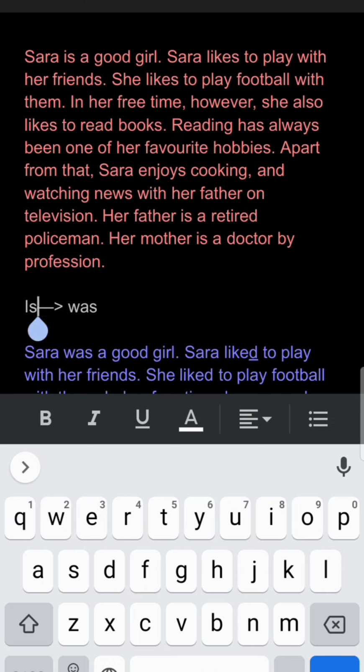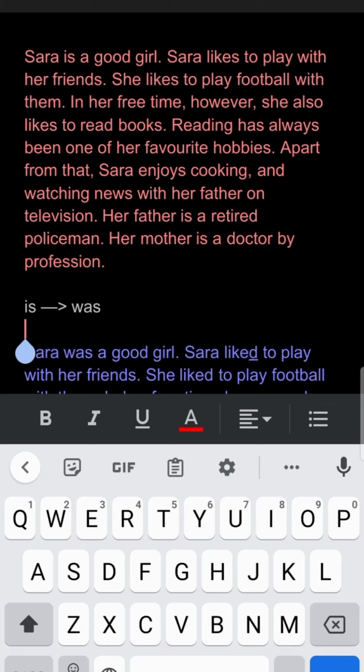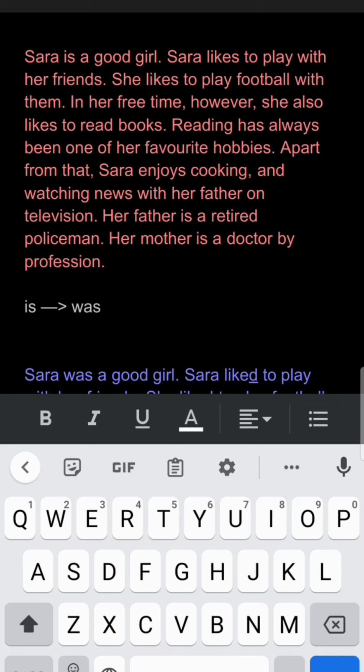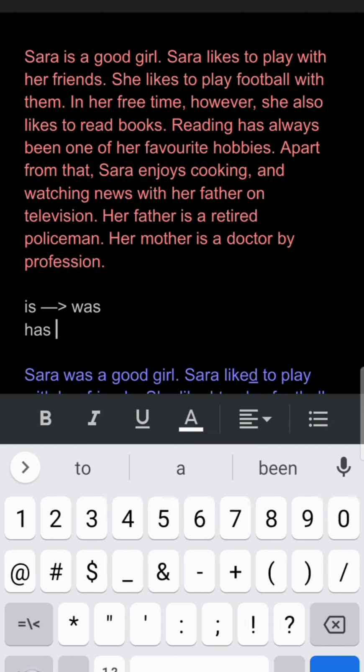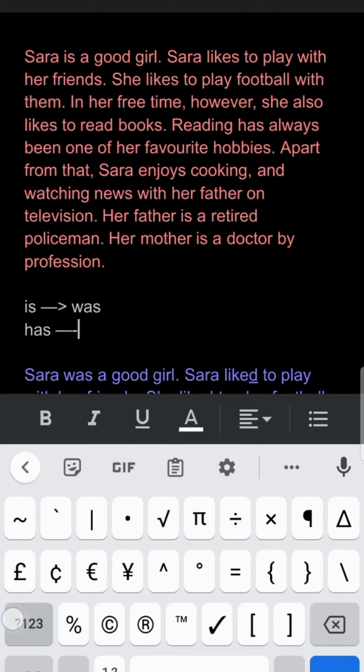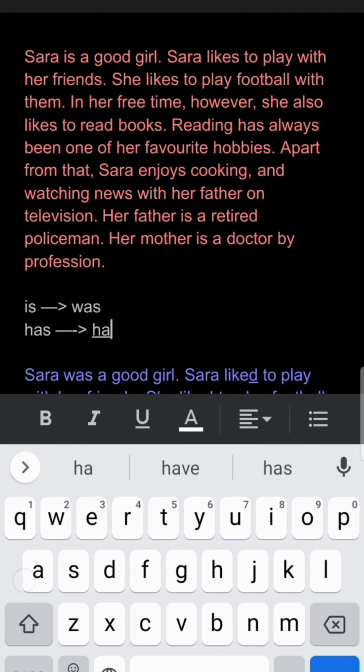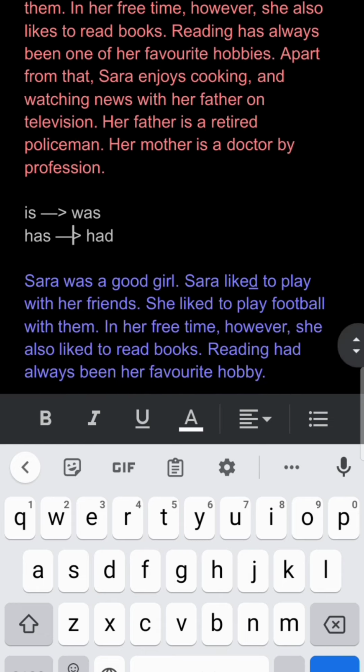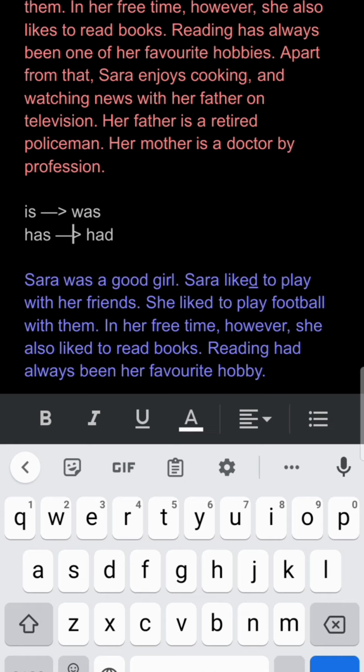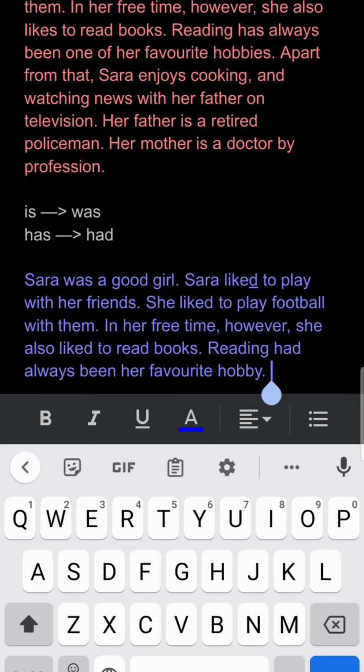Okay, it's is and has changes to had in the past tense. So you guys need to keep that in mind whenever you're writing a story, a paragraph, or any piece of writing. Okay, so we carry on.